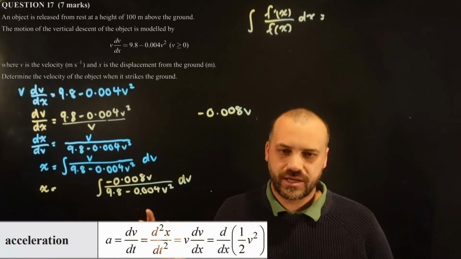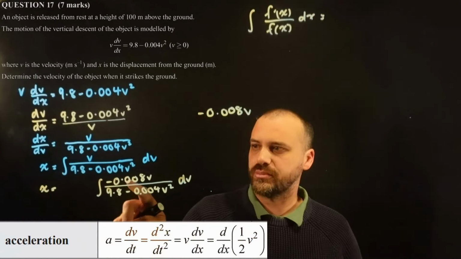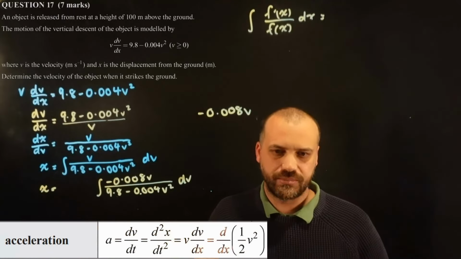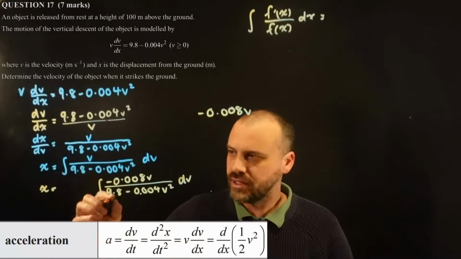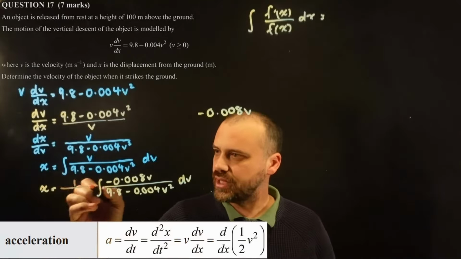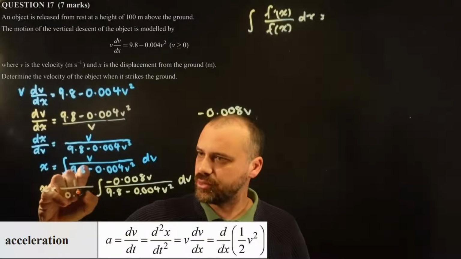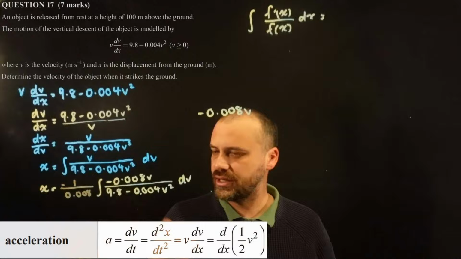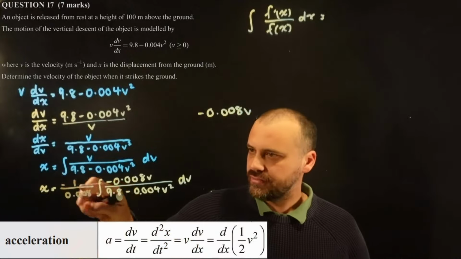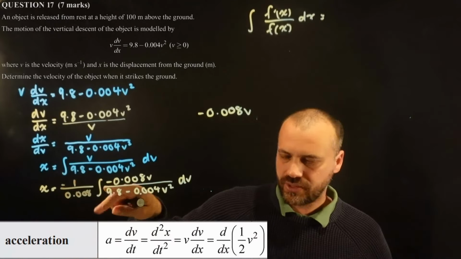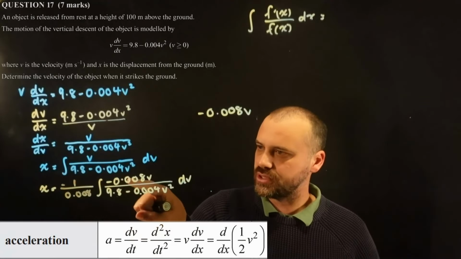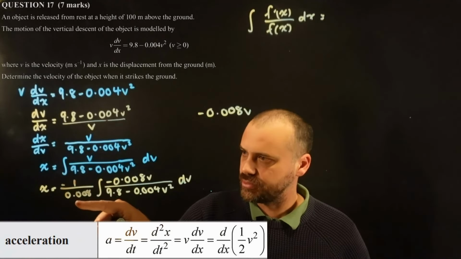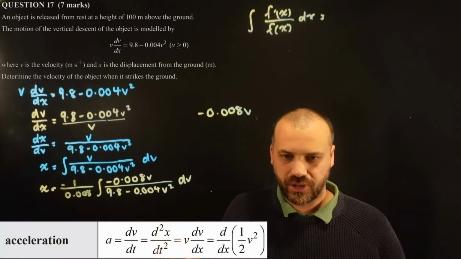But you can't just randomly add in a negative 0.008. You can't just randomly multiply by things just willy-nilly. But if I do something extra clever and put a 0.008 out the front, a negative times a negative is a positive, and negative 0.008 divided by 0.008, I'm really just multiplying by 1.